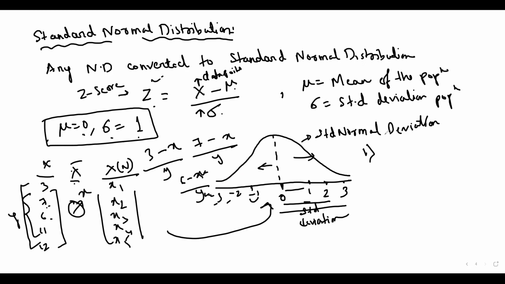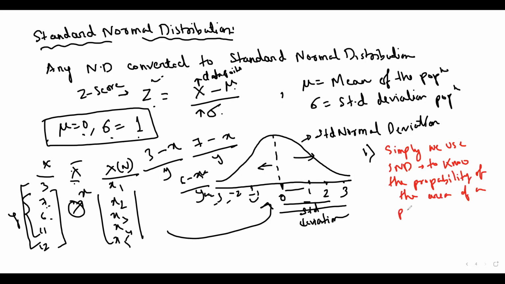To simplify, we use standard normal distribution to know the probability, the area of a particular observation it covers.